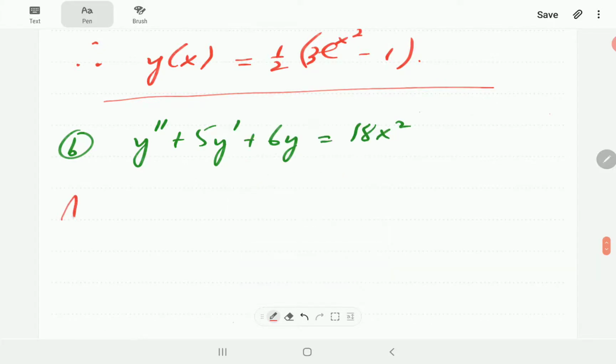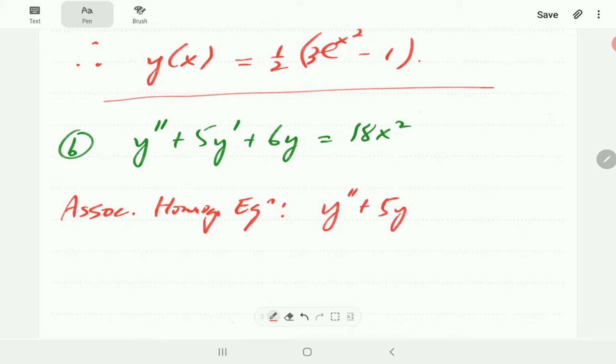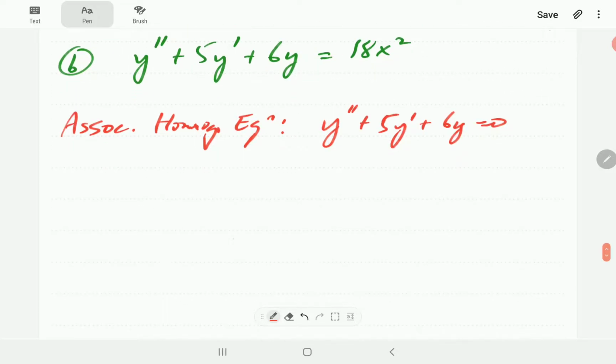So again, the associated homogeneous equation this time is an equation of order 2. The auxiliary equation for this one is going to be r squared plus 5r plus 6 equal to 0.